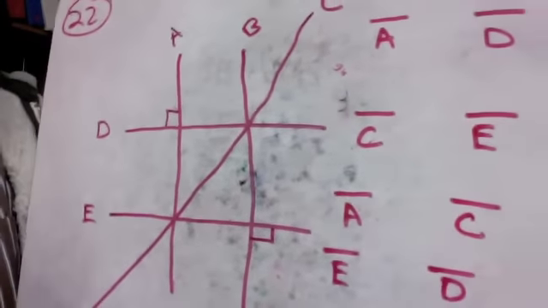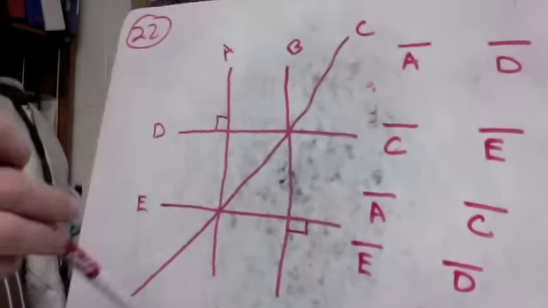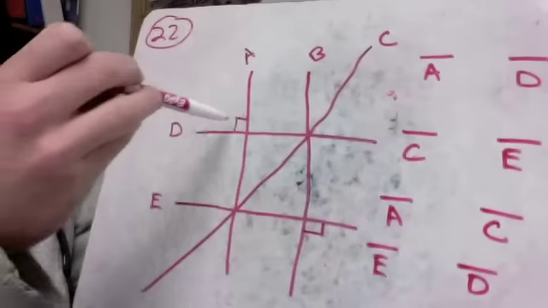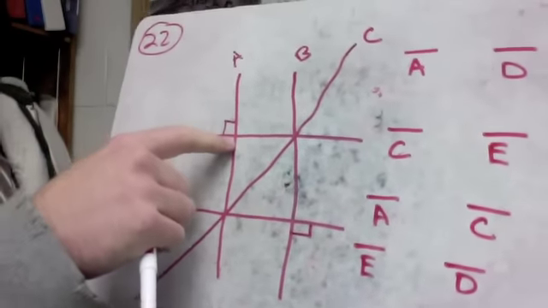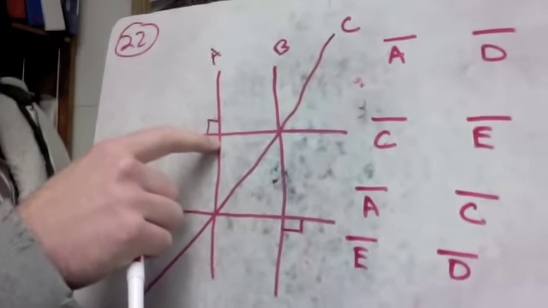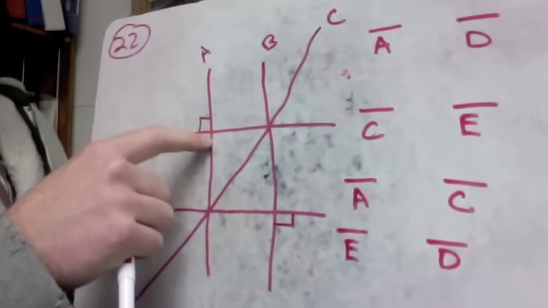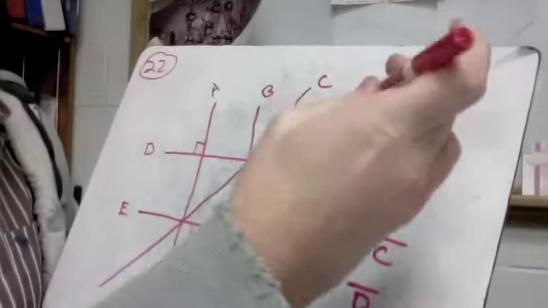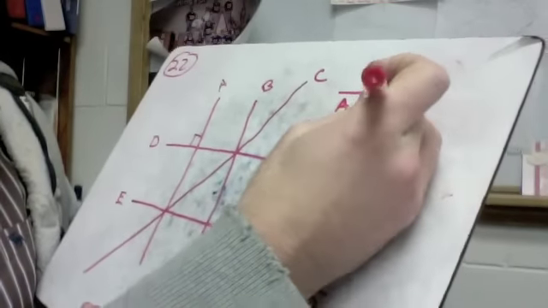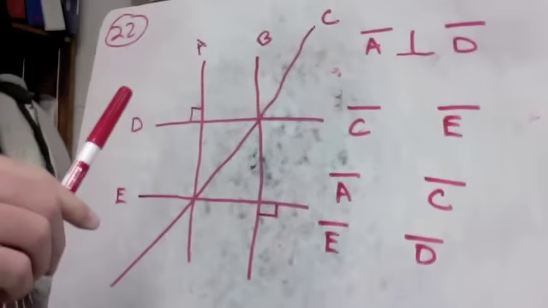Okay, so let's start with A and D. Okay, here's segment A, here's segment D. Those cross at a 90-degree angle, cross at a square angle, so those are definitely not parallel. Those are perpendicular. So in between here, I'm going to put my little perpendicular symbol.